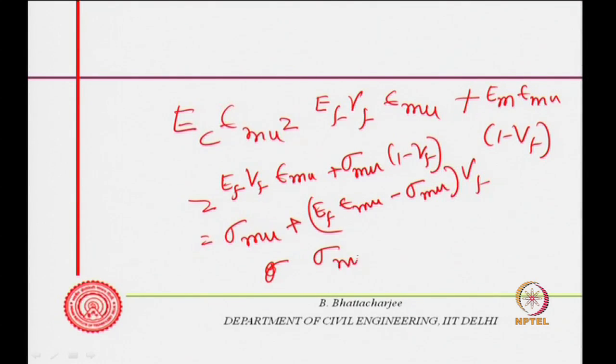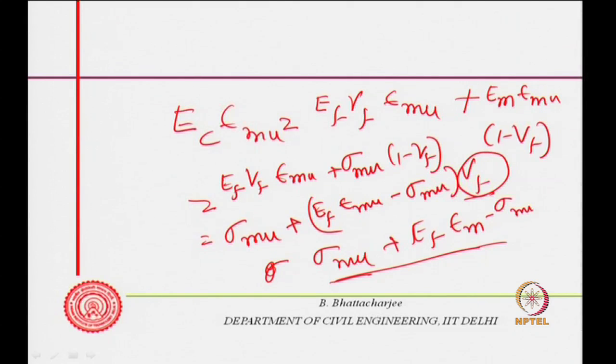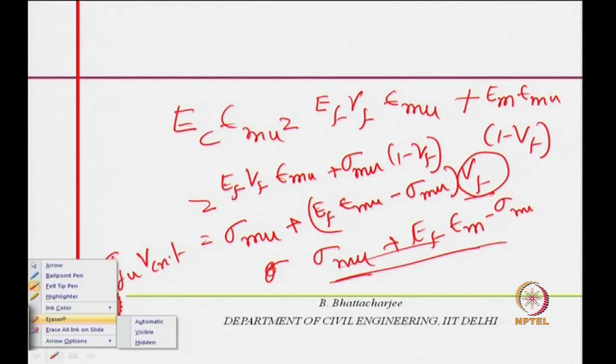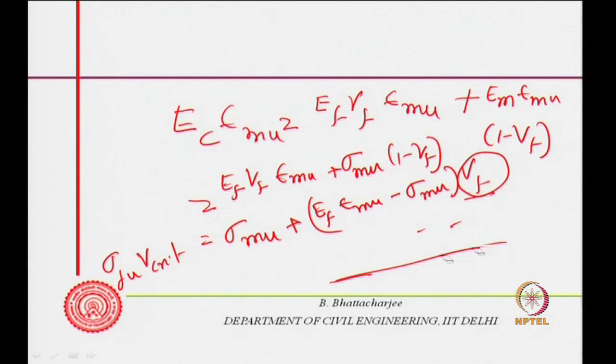So, sigma mu divided by this plus E f epsilon mu minus sigma fu. I am trying to get an expression for V f. This must be equal to sigma fu V f crit.